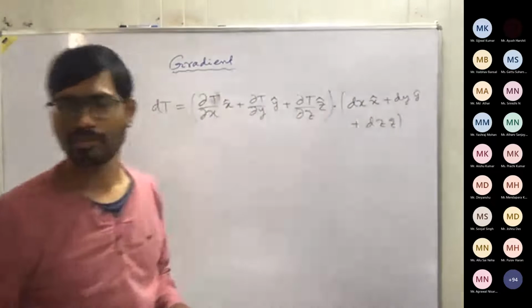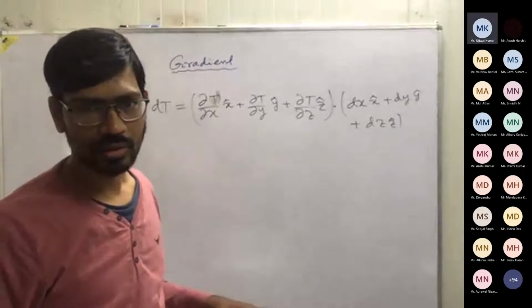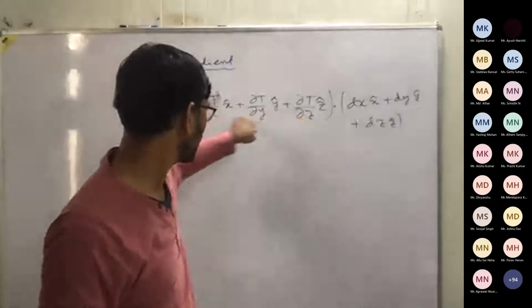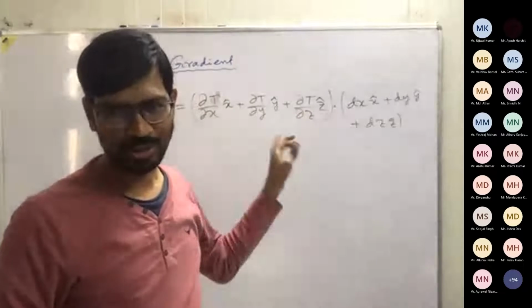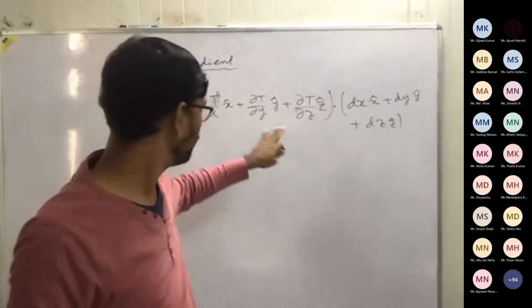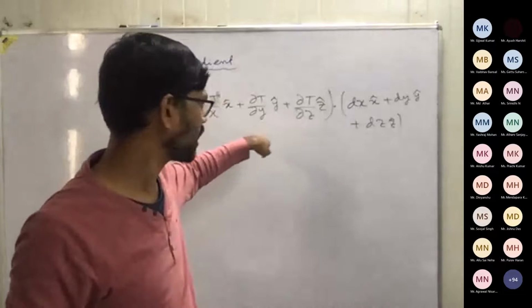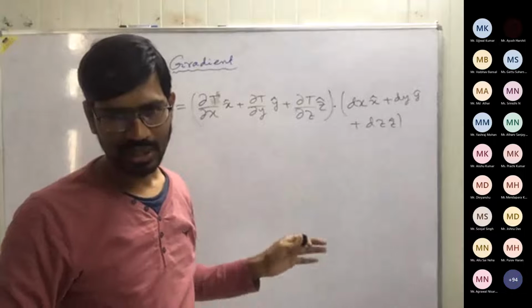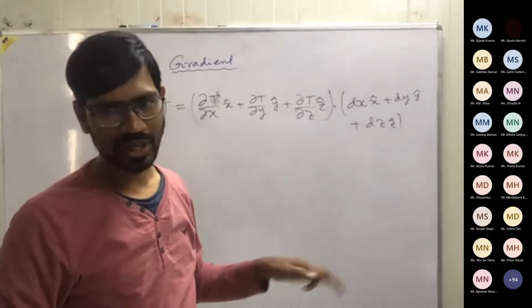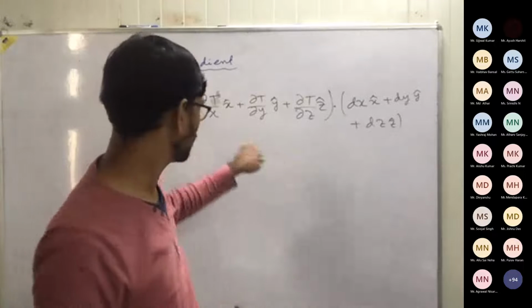This thing we had. Instead of i cap, j cap, k cap, I am now writing x cap, y cap, z cap. I may mix x cap, y cap, z cap and i cap, j cap, k cap, it is fine. In many exam papers you may find this notation also.